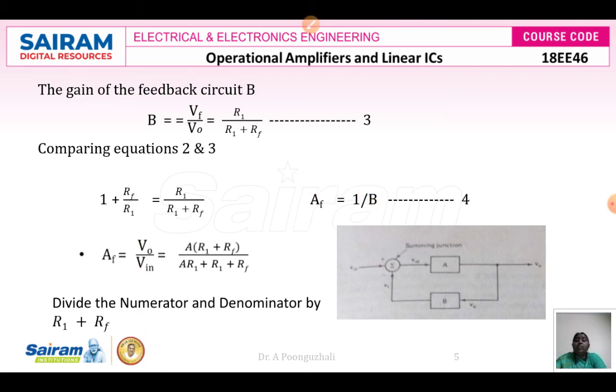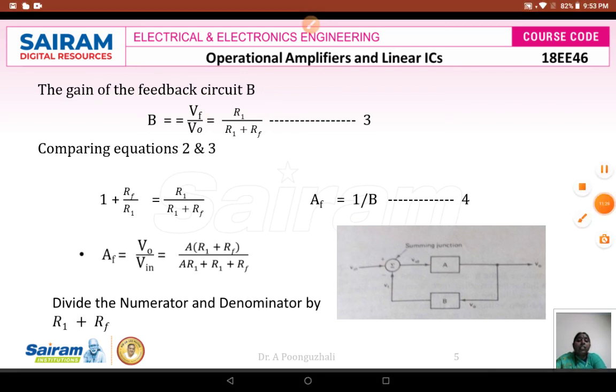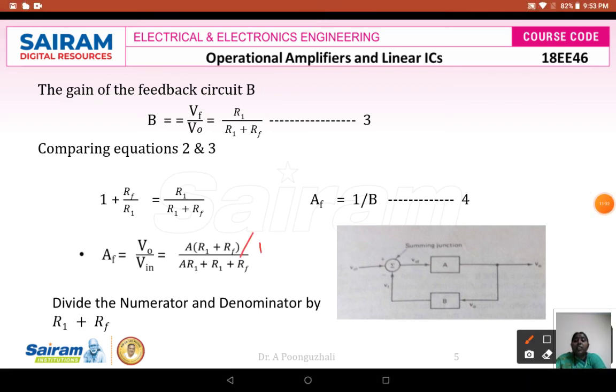So now we are going to find out the AF in terms of A and B. So if I want to find it in terms of A and B, what I am going to do here is divide the numerator and the denominator by R1 plus Rf. So this is going to be divided by R1 plus Rf. So this is going to be 1. Your R1 by R1 plus Rf is going to be B, and this one gets cancelled.